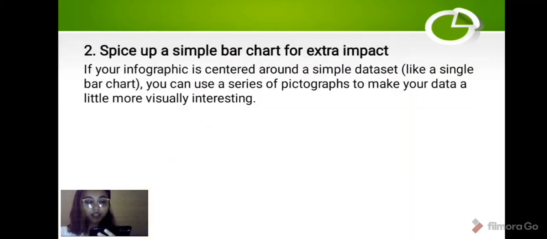Second is to spice up a simple bar chart for extra impact. So if your infographic is centered around a simple data set, like a single bar chart, you can use a series of pictographs to make your data a little more visually interesting.